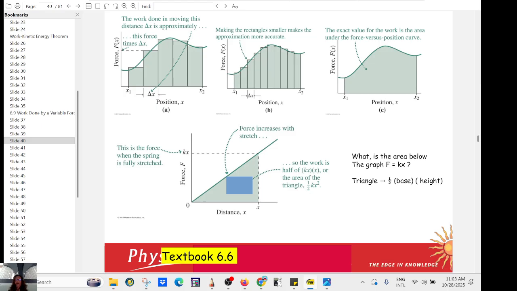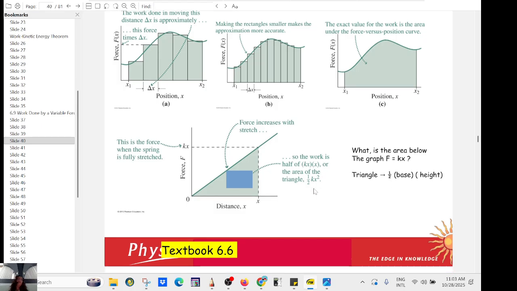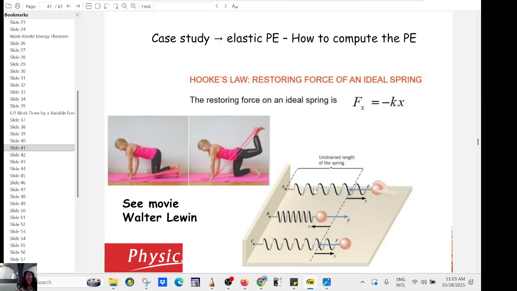Example: if you have a spring, using Hooke's law, F equals kx, you see the force is going to change with the x. You need to find this area, and you get 1/2 kx squared. So the harder you pull, the more resistance you're going to get. That's why it's called a resistance band.